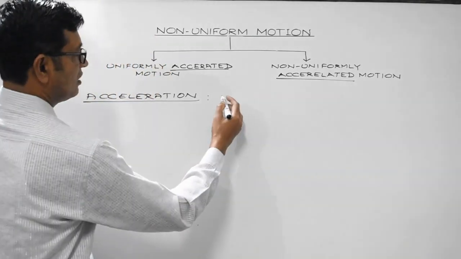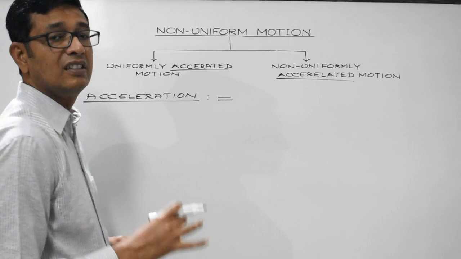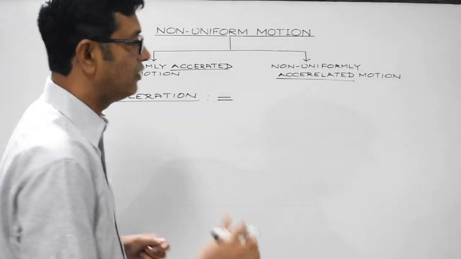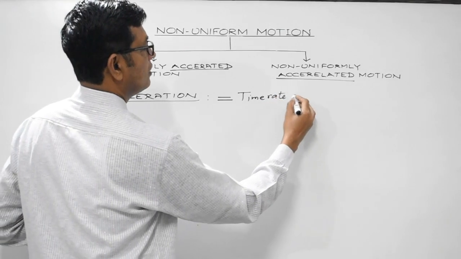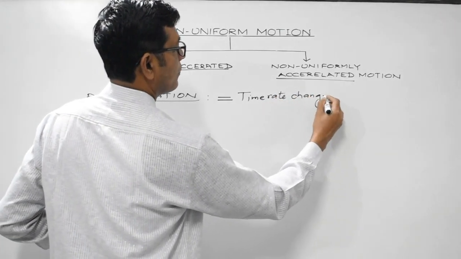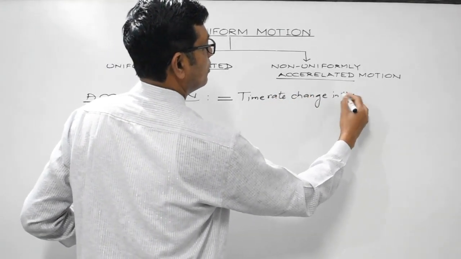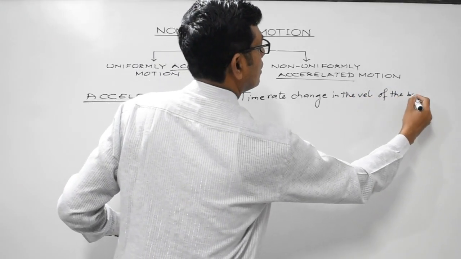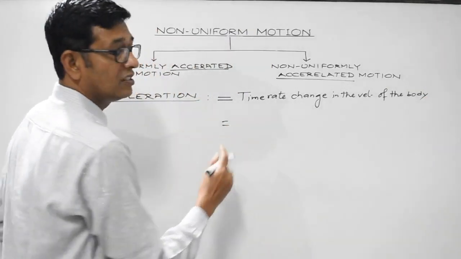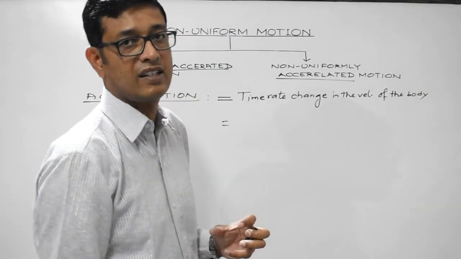So acceleration basically is defined as the time rate change in the velocity of the body. Time rate change means the change in the velocity per unit time, right?